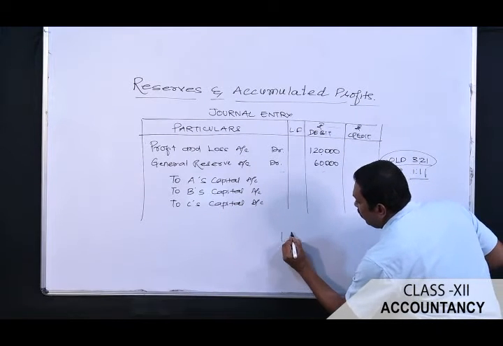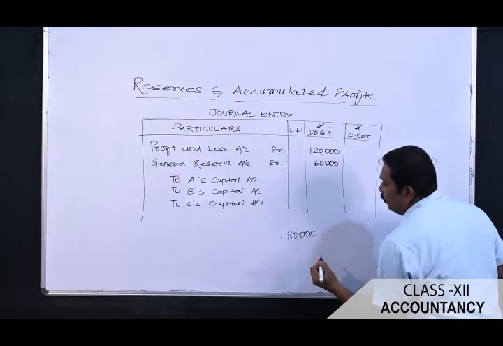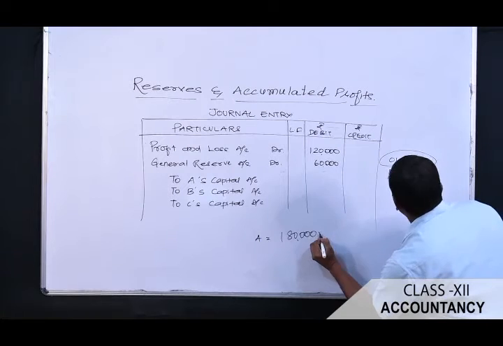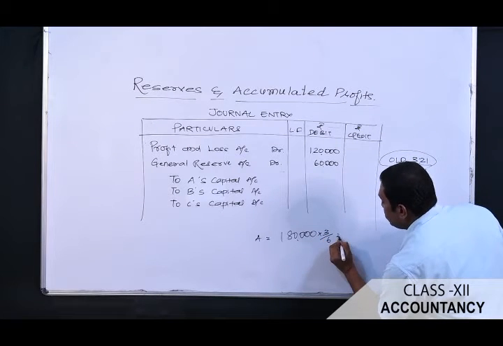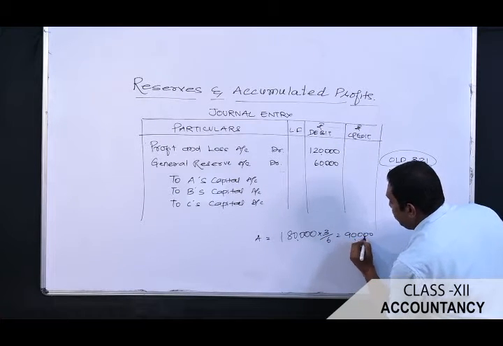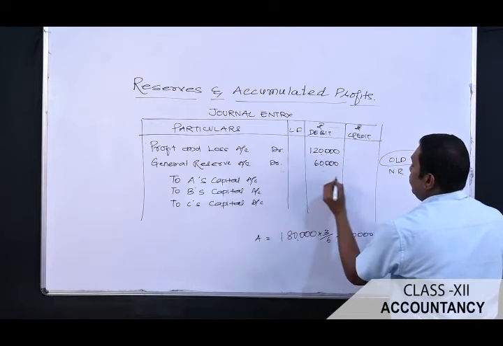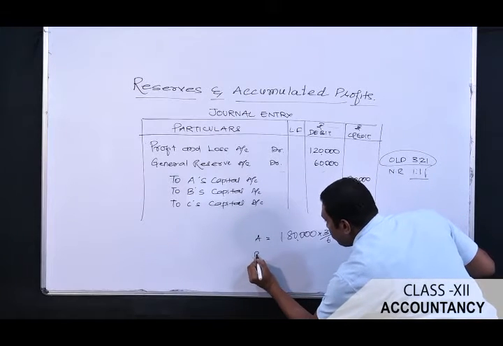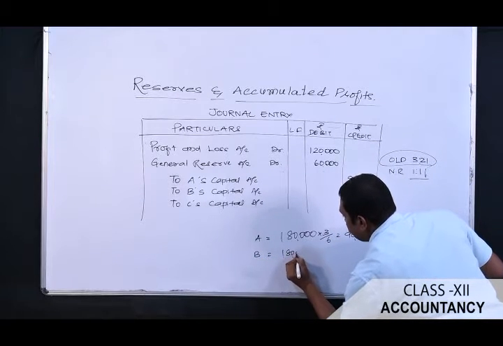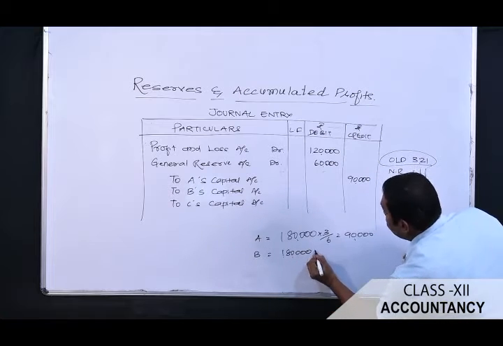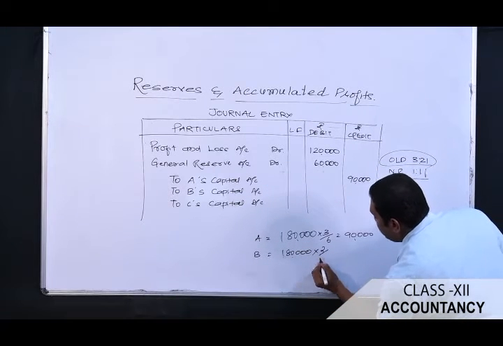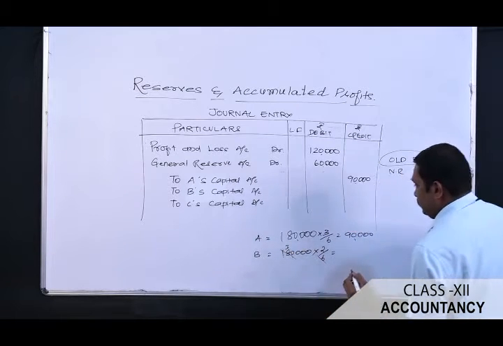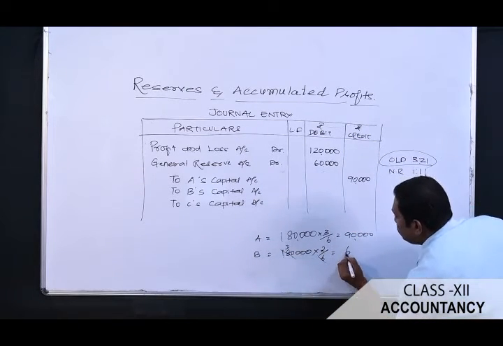Add it, total 1,80,000. How much will A get? 1,80,000, the ratio is 3/6, so 90,000. So for A, we have to write here 90,000. For B, 1,80,000 into the ratio 2/6. 6 3s are 18, so 60,000.